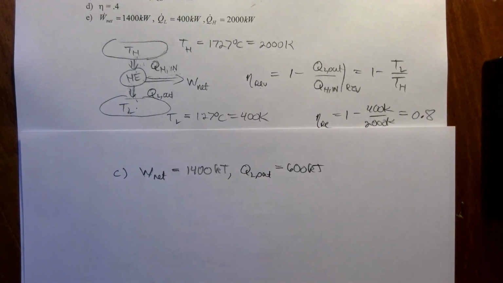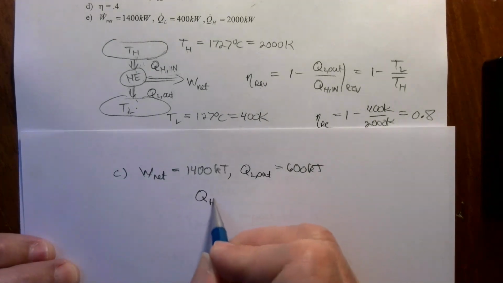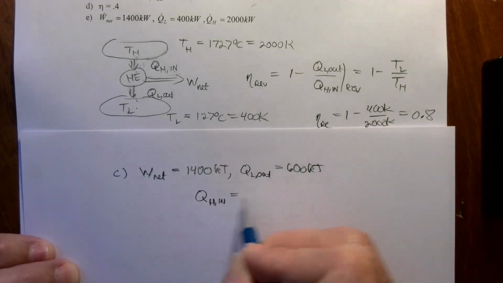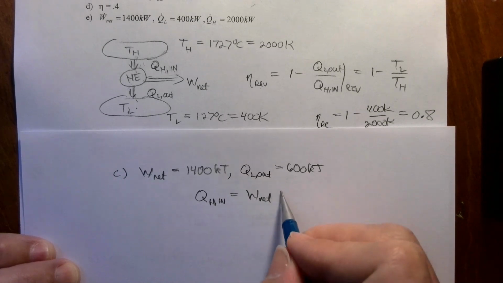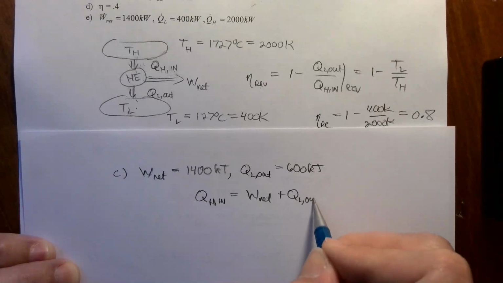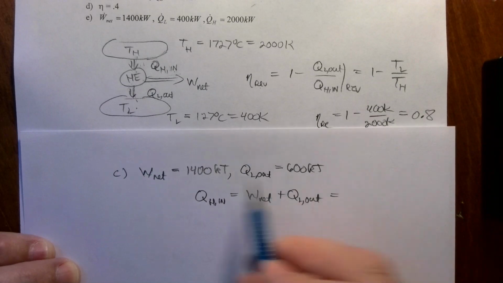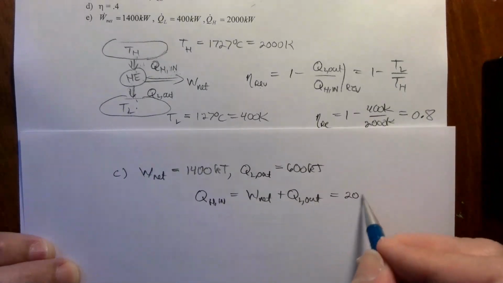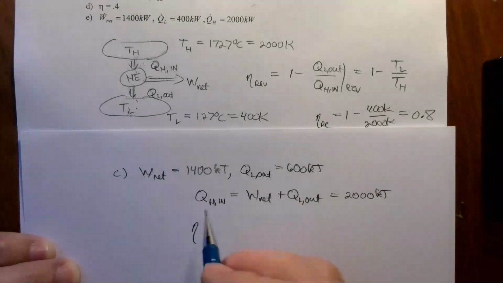Let's look at our energy balance again. Q in has got to provide the net work out plus the QL out. Combining those two numbers, I get 2000 kilojoules of energy coming in, and now I can use this number to calculate the efficiency again.